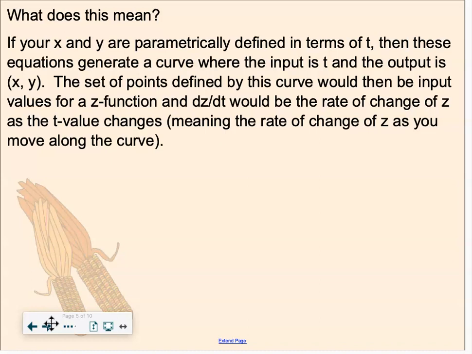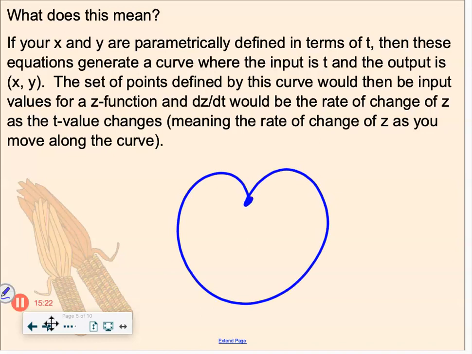Might be a circle, might be a squiggle, could be a figure eight, could be whatever. So our inputs for z end up being restricted to just the x's and y's, the ordered pairs that are on whatever curve we're talking about, right? So whatever our curve is, let's just pretend it's a cardioid, right?